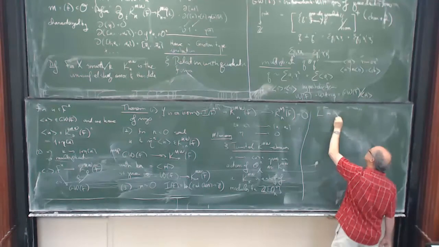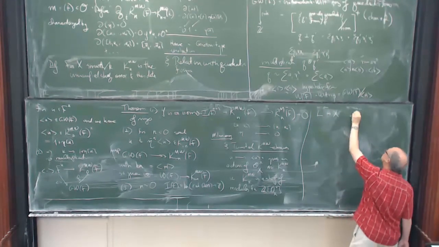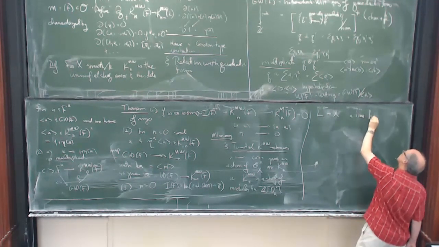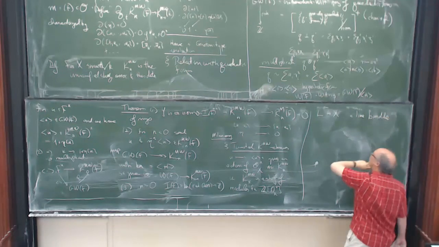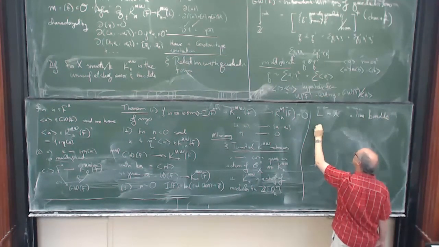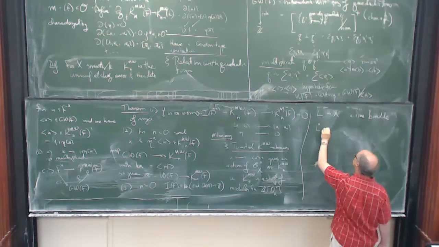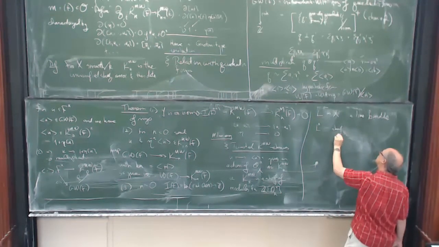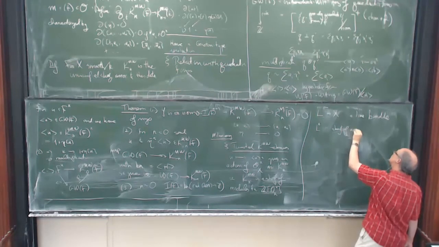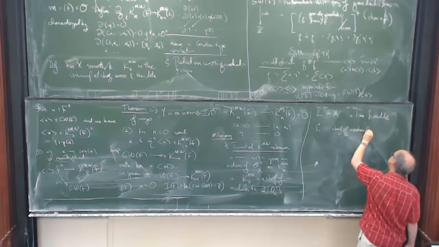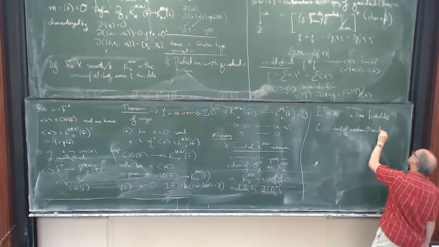Now, if we have X and L over X, a line bundle, then we also have an action. So we can think of this thing as the sheaf of nowhere zero sections. I'll just write it that way.